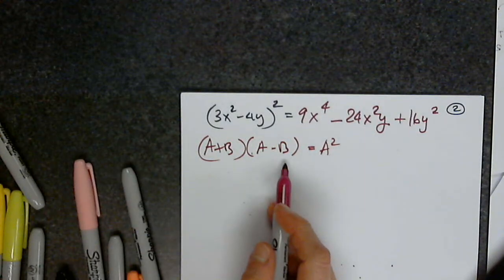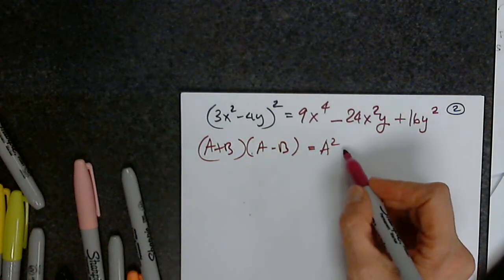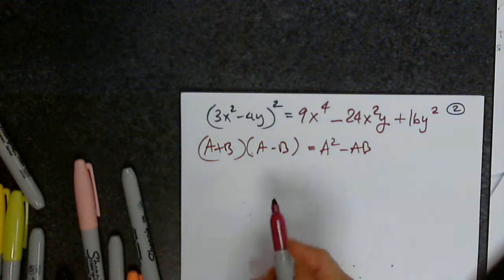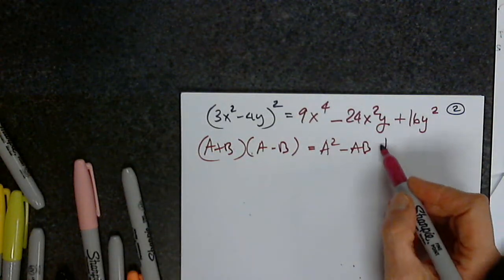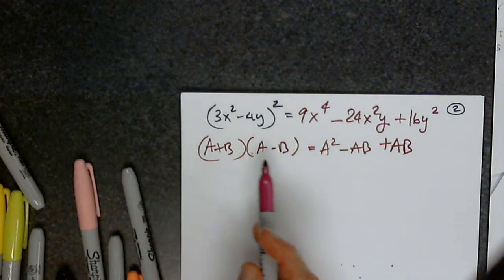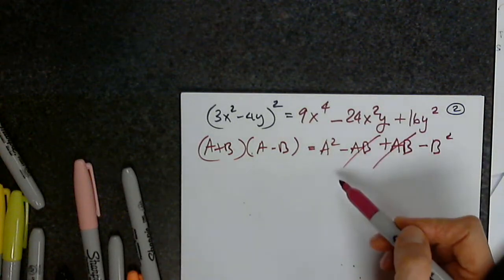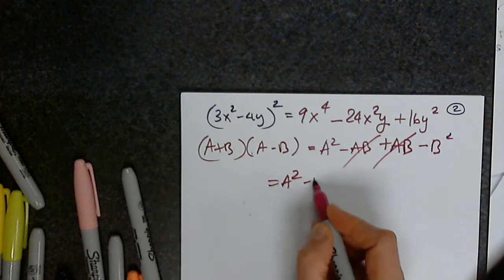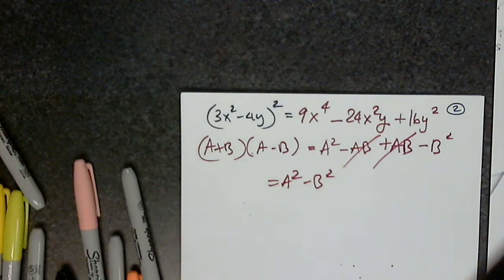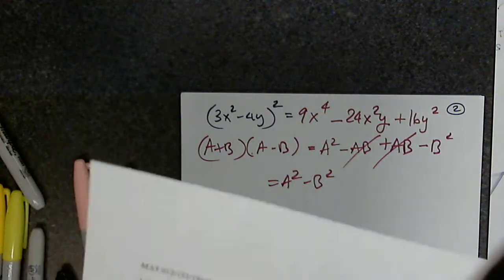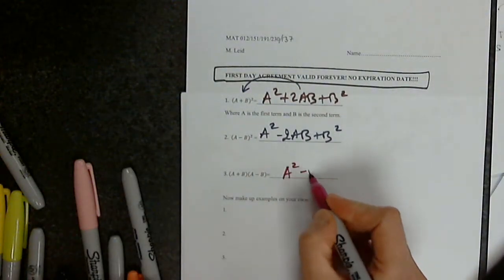A times negative b. Very good. B times a. And then b times negative b. So this is the difference of squares, not the sum of squares. That's not factorable. So this is a squared minus b squared.